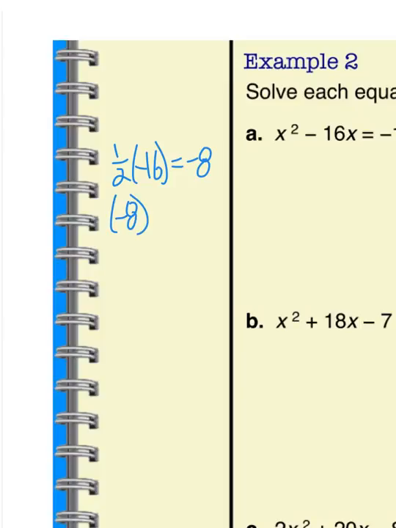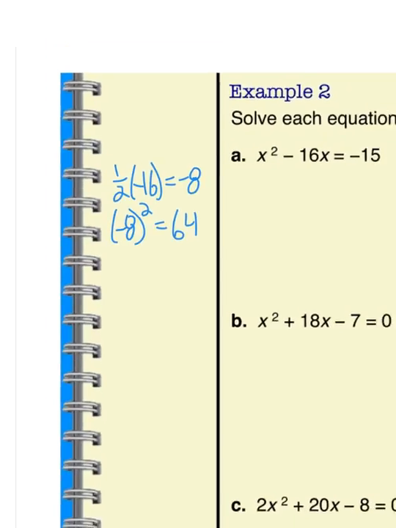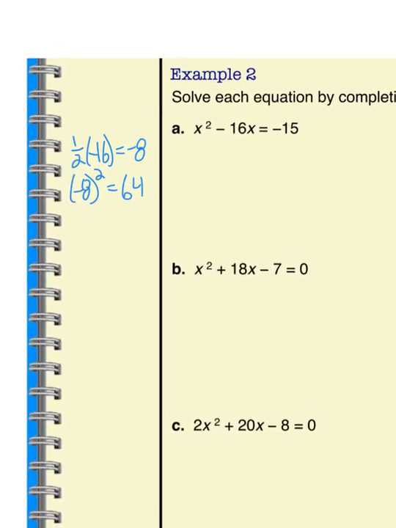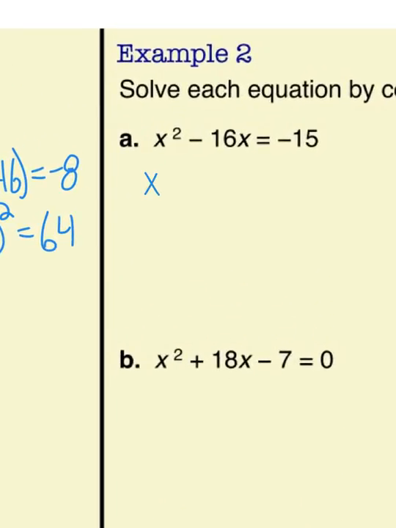And then I take negative 8 squared, which is 64. So 64 is my c term. So I'm going to add 64 to both sides. Let's see, I got x squared minus 16x plus 64. And when I add 64 to the other side, it becomes 49.